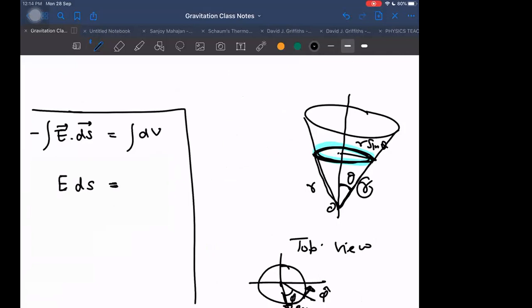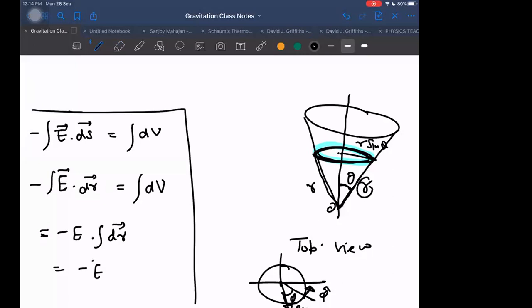If ds is also a change in position, I can write it in terms of dr also, the change in position vector, that is equal to dv. That I can write as E taken common, dot dr, which is minus of E dot delta r, but not always.